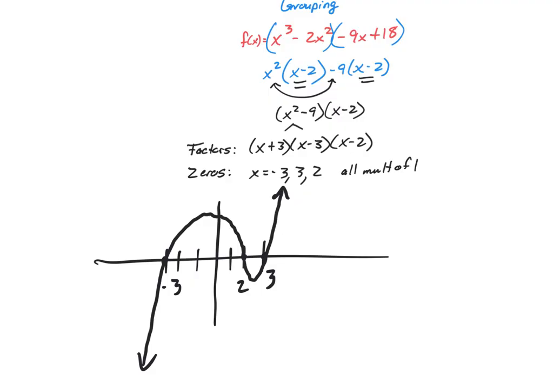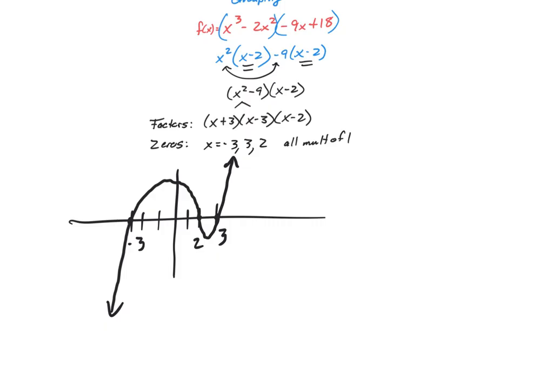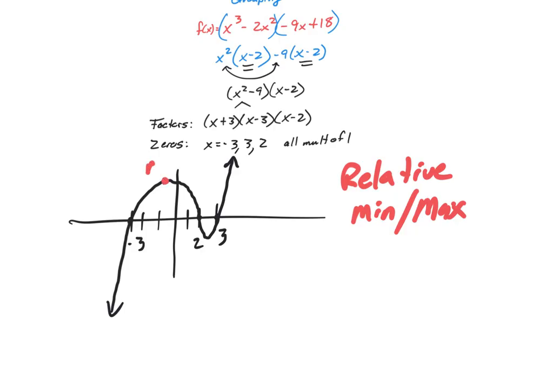Okay, I will tell you this as well. Another thing that they talk about real briefly in this lesson, we've already done this. They're going to ask you for the relative min and max, and this would be something that you would want to actually use your calculator to find, okay? Because this point is where it reaches its relative max.